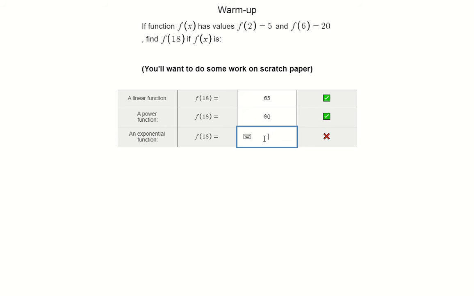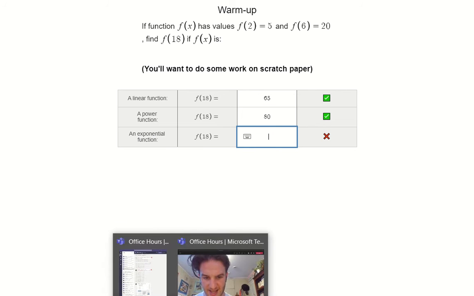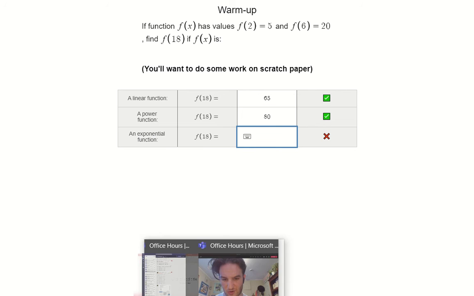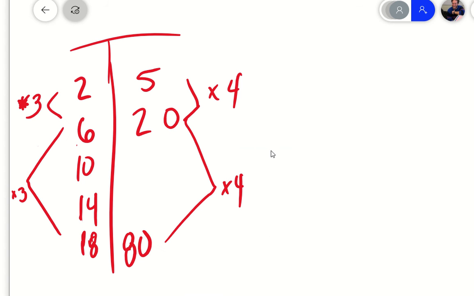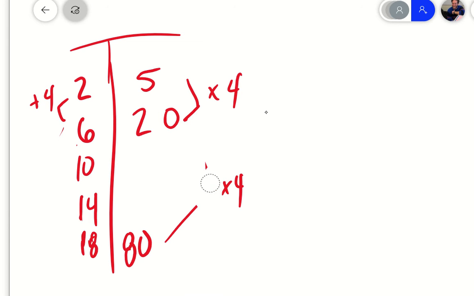And then the exponential function, f of 18, that is the add-multiply pattern. So instead of multiplying on this side, we're adding. So we're going to go back to the 2 plus 4, and so on, all the way down to 18. We're adding 4, and each time we add, we're multiplying by 4.